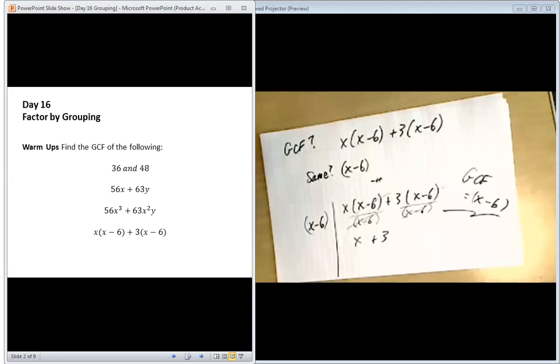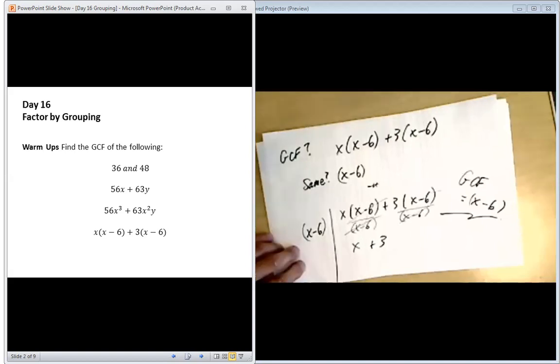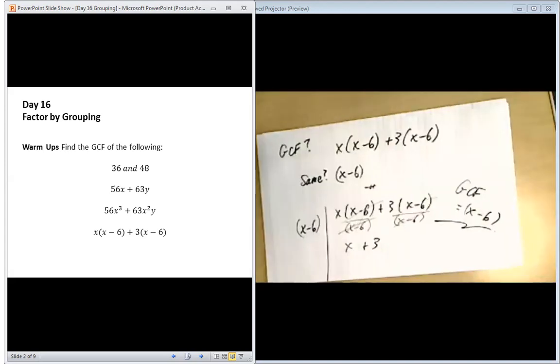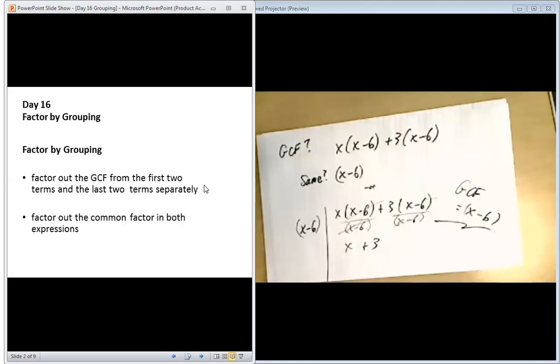Okay, so that gets us ready for the 1, 2, 3, I think 4 questions that I showed you at the start of the class there. So what's going to happen is we're going to have a pretty big looking question. It's going to have 4 terms in it.